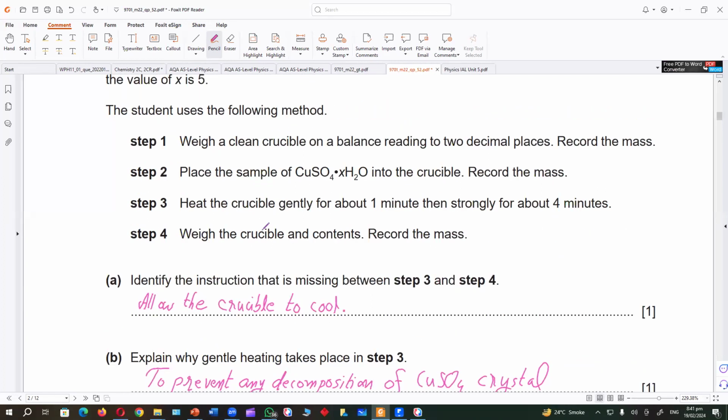After heating, water of crystallization must have been removed. Now it's only the difference in mass. The difference in mass will be the mass of water of crystallization. And this mass of water should be converted into number of moles of water. And if it matches with 5, the answer will be complete.